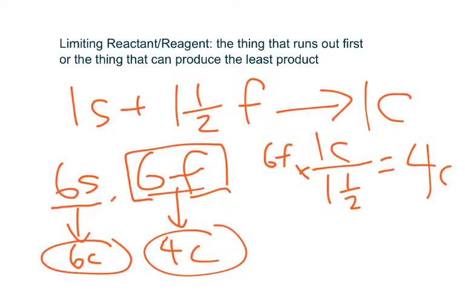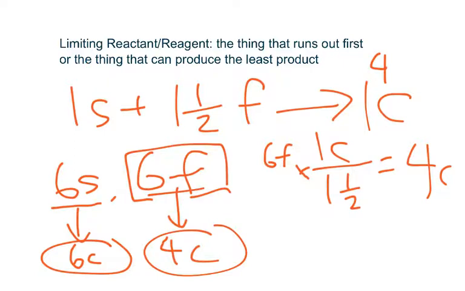And let me prove this. So if we make 4 cakes, then we take, of course, 6 cups of flour. But how many cups of sugar do we use up? Well, if we make 4 cakes, and it's a 1-to-1 conversion factor, then we will have used 4 cups of sugar.